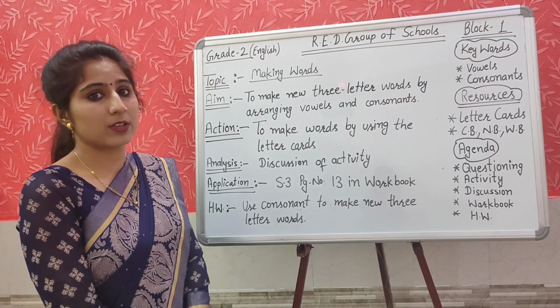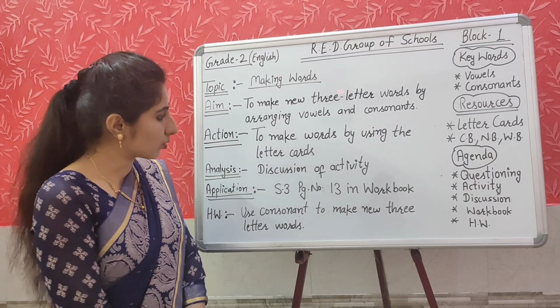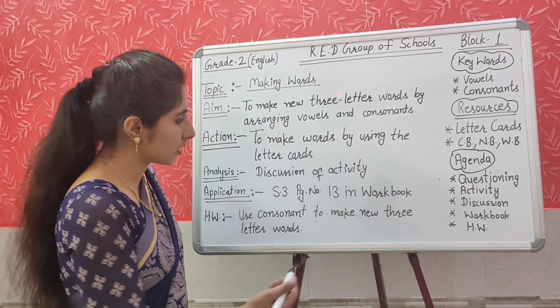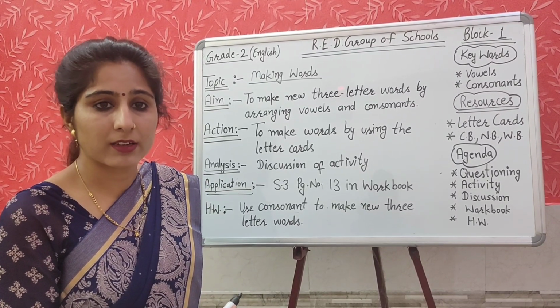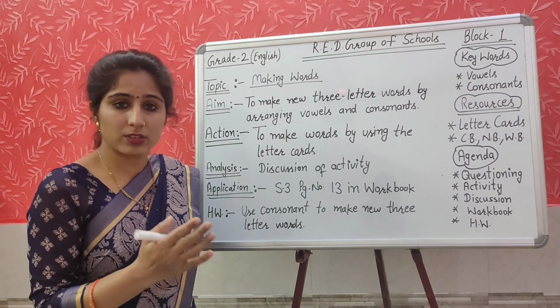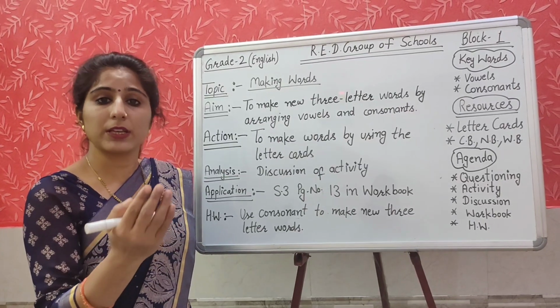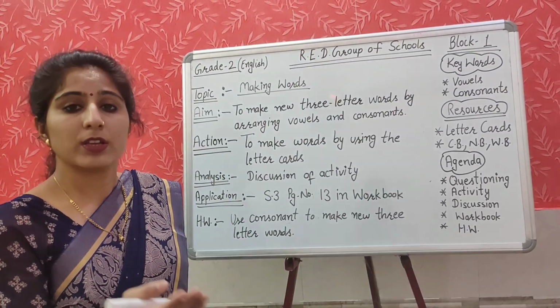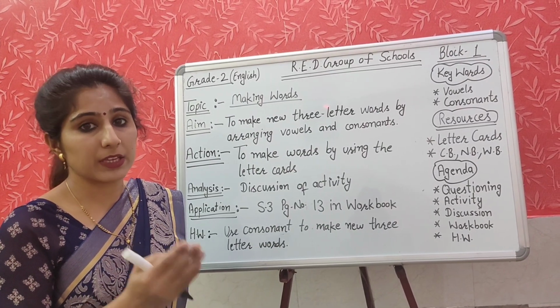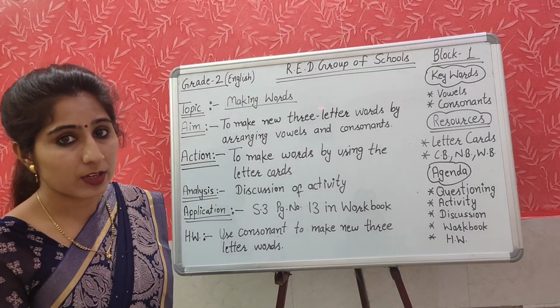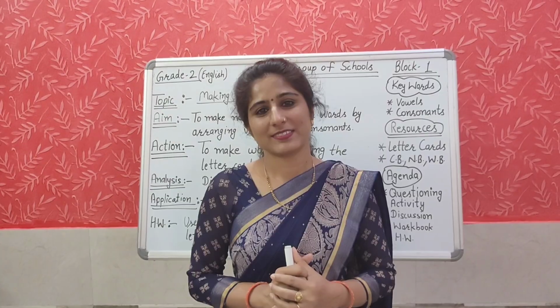So now you can make them easily, and you learned how to make words, like you have made the words coat, pig, bug, bat. This is how, by changing the consonants, and by changing the vowels also. In the middle you have used the vowels, and at the beginning and at the ending of the word you have used consonants.